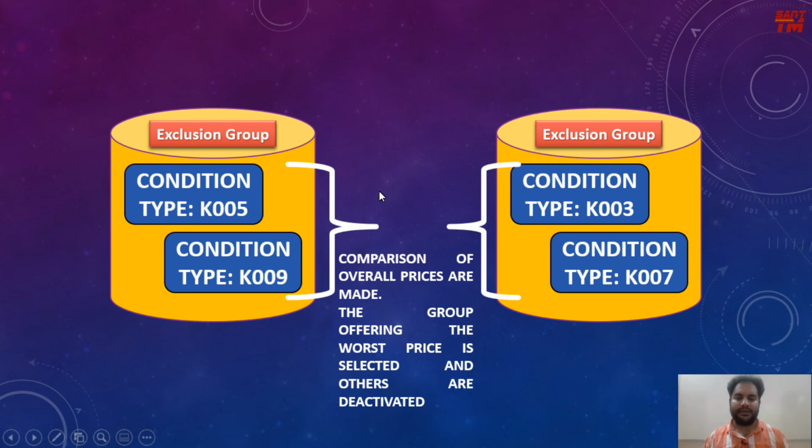So in method F, we will see which exclusion group is offering the worst price. Suppose this condition group K003 plus K007 offers a price higher than K005 plus K009. That means if this is offering the higher price, this would be selected and this would be deactivated. Whereas in method C, this would be selected and this was deactivated. In method C, the best exclusion group, and in method F, the worst exclusion group. I hope you got the point clear.